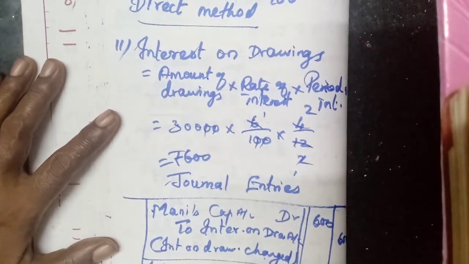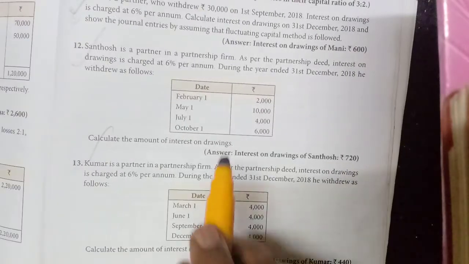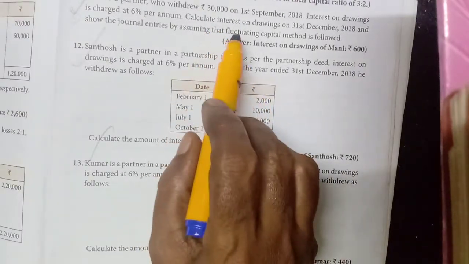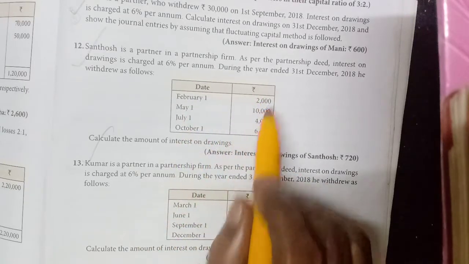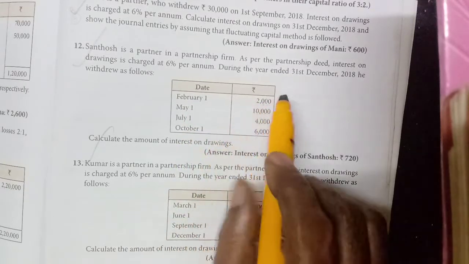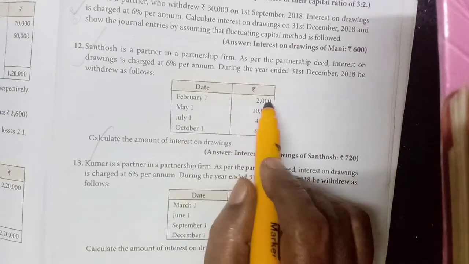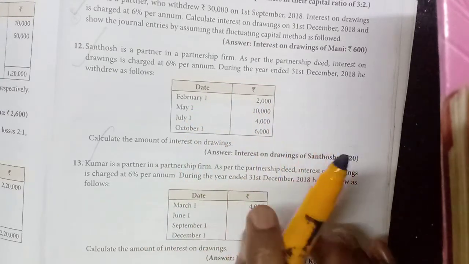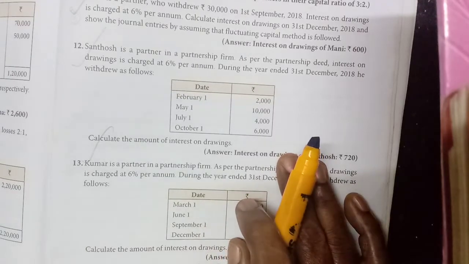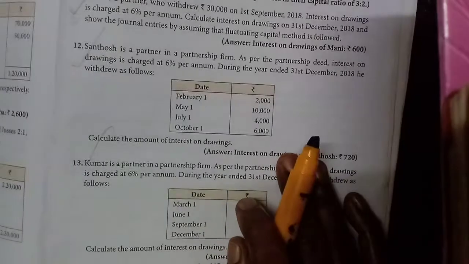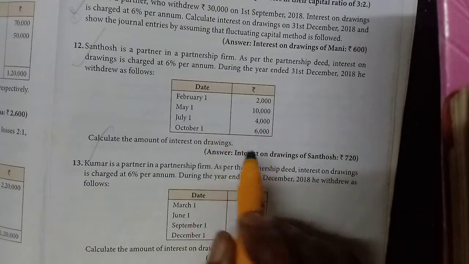Next, the next method I will explain. Here only one date is given in the first problem. Now you see different dates and different amounts they have given. So for each one we have to calculate and add. That's all, nothing difficult. For each date we have to calculate.